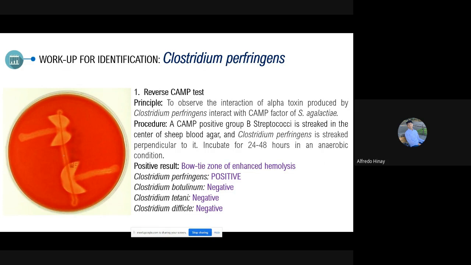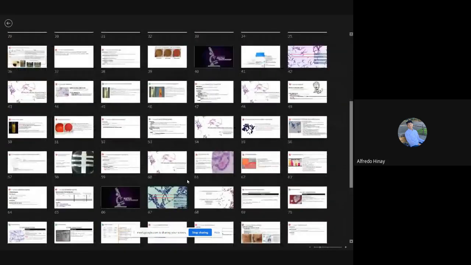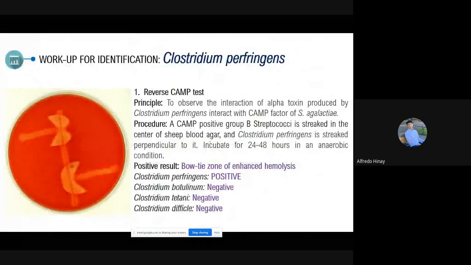Okay? Streptococcus agalactiae, then the organism is Clostridium perfringens. Naintindihan? At kasi madami, tatlong CAMP na yung na-discuss natin.